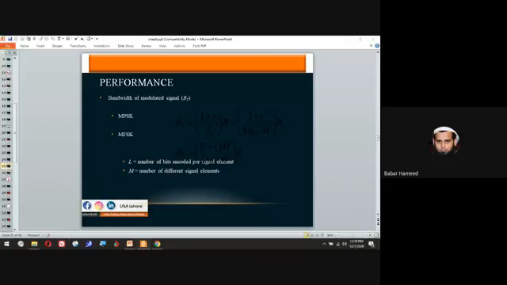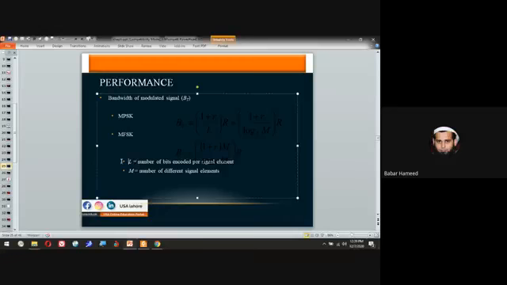And again, for multi-level FSK, bandwidth is 1 plus R times M. Here I have to change it, shift it. Here it is better.